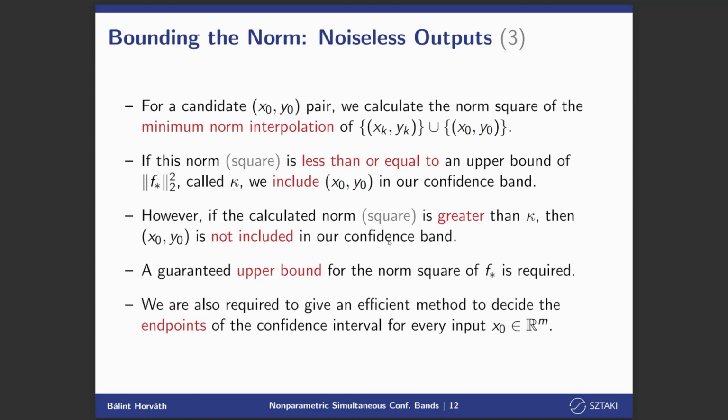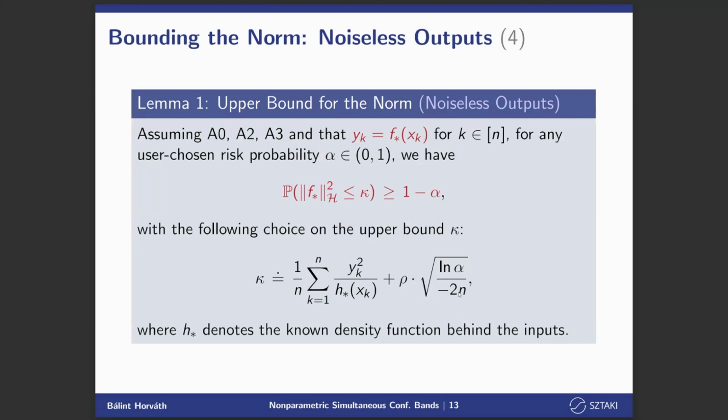So the question arises of how we provide an upper bound for this norm of the regression function, and we also need a method to decide the endpoints of the confidence interval. Since I don't have an infinite amount of time, I can't go into details about how this norm estimation is calculated, but I have listed the main formula here.